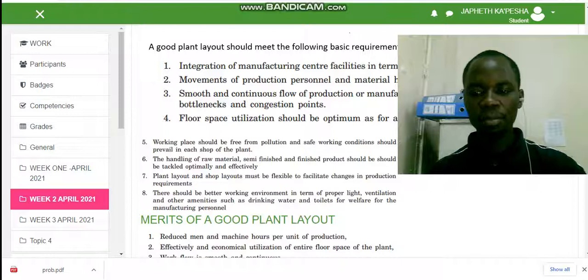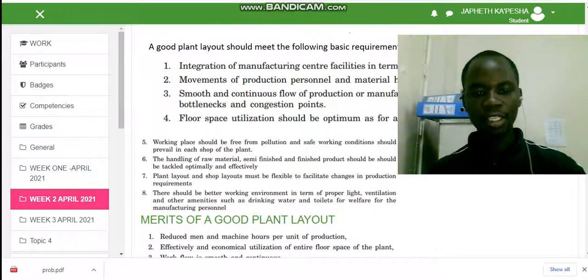So what is the importance of reducing men and the machine running hours? Machines, we power them using electricity, and if we can reduce the amount of power we consume from electricity, this means that we are saving much money that we could otherwise spend paying the bills. So by this, the industry is making profit out of it.